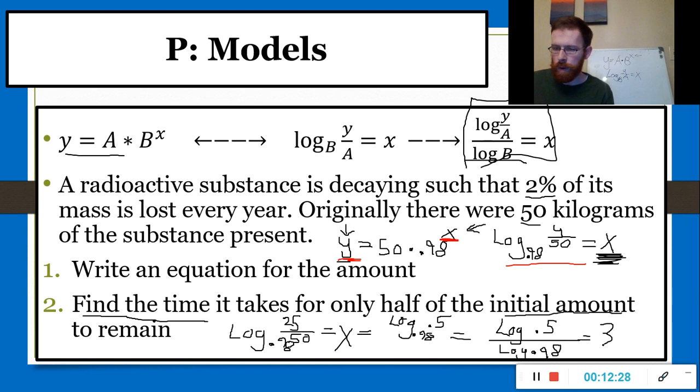Let me just double check that really quick. I know that I'm not completely perfect on these. Ran out of room there. All right. Log of 0.5 divided by log of 0.98.